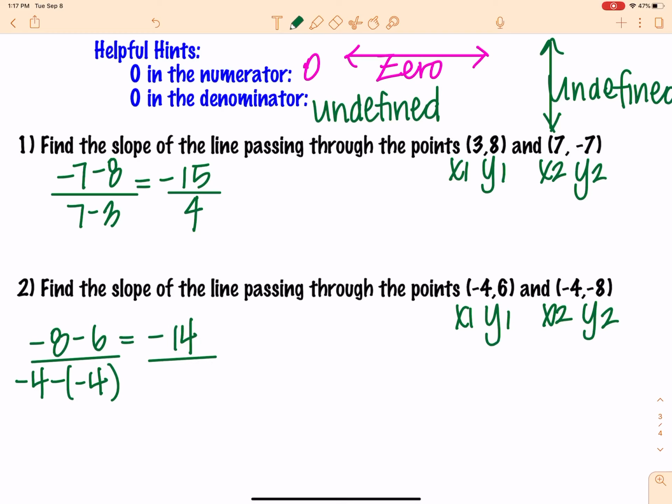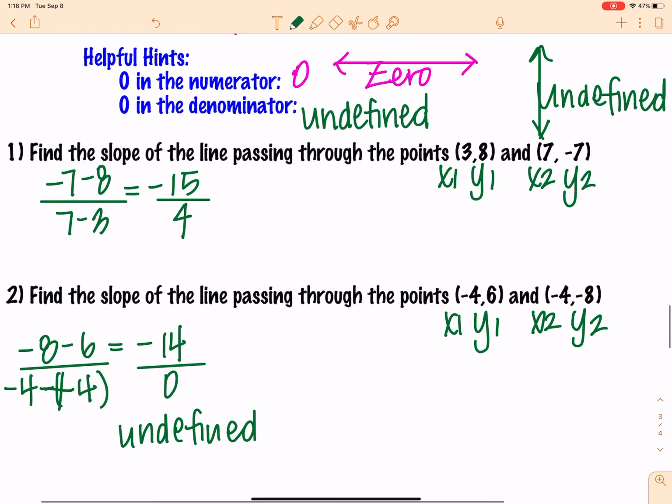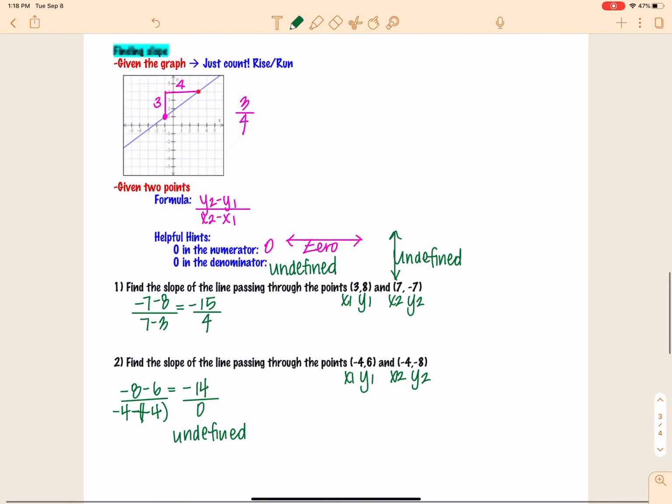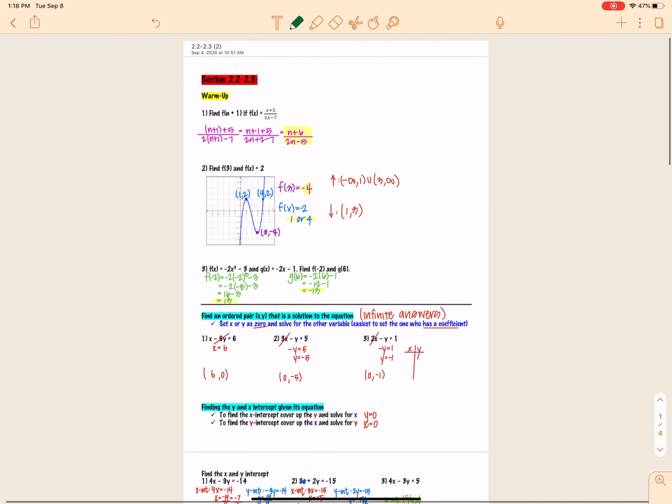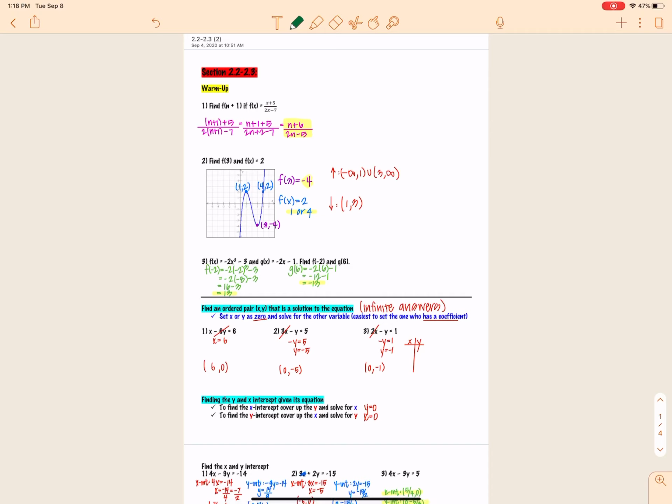And on the bottom, it's -4 plus 4, so you get 0, which means this is an undefined slope, which would be a vertical line. Okay? So we're all through there, and then you guys can start your topics on these next two sections, 2.2 and 2.3.